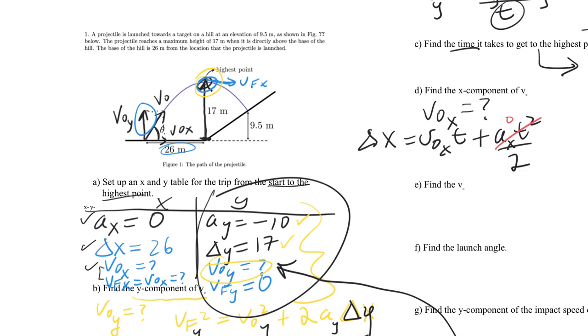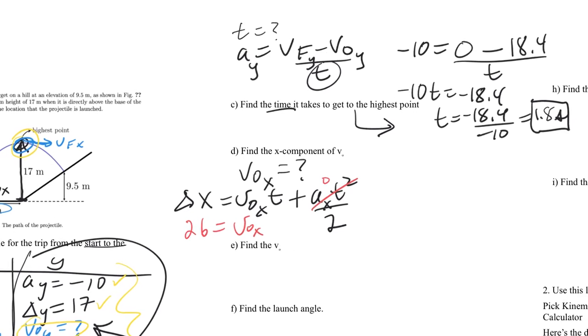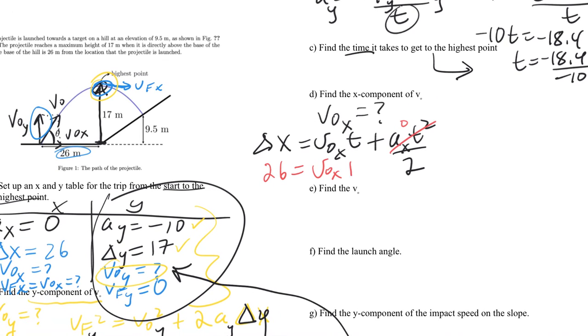So basically, it's simple. 26 is equal to VOX times the time, which we just found to be 1.8 seconds.